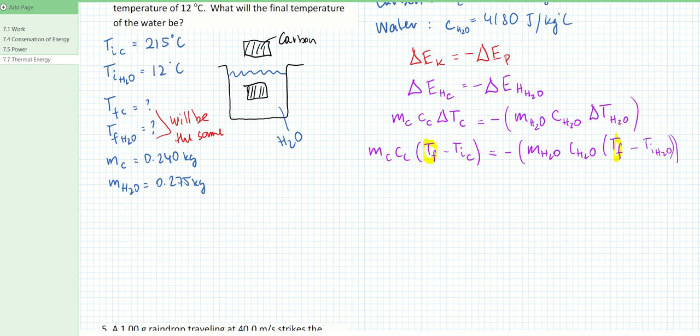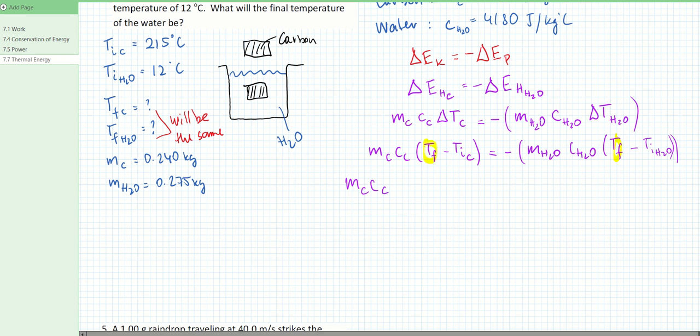It's just a lot of algebra steps, but that's what we got to do. So MC times CC times this guy is going to be T final minus MC CC times Ti for carbon. So that's our left side.